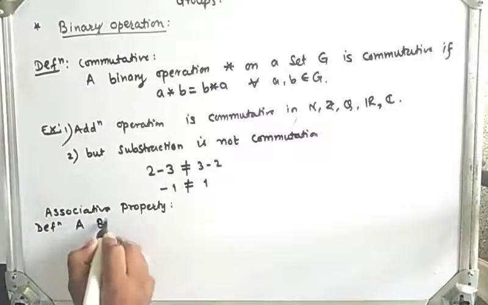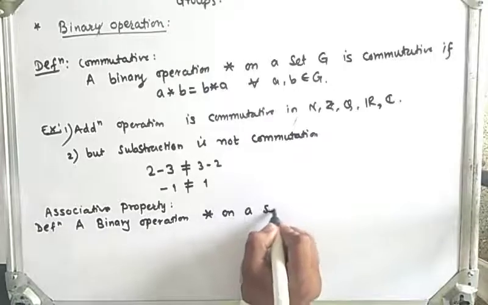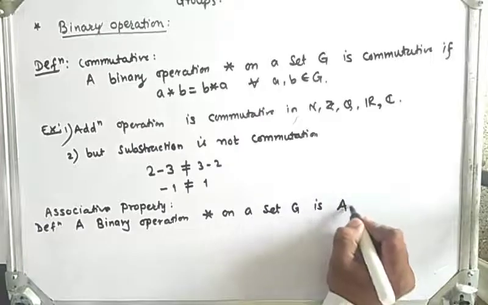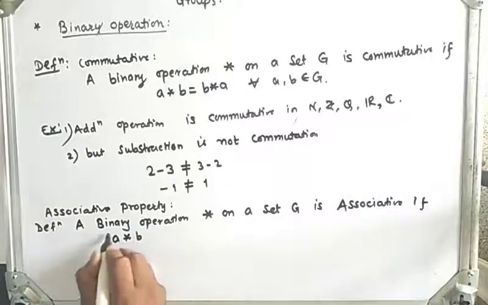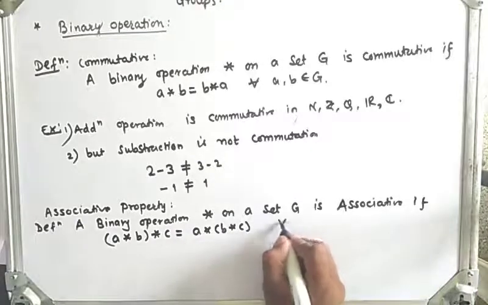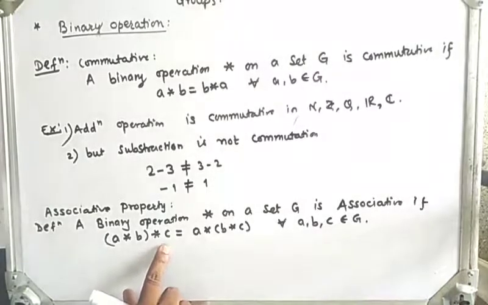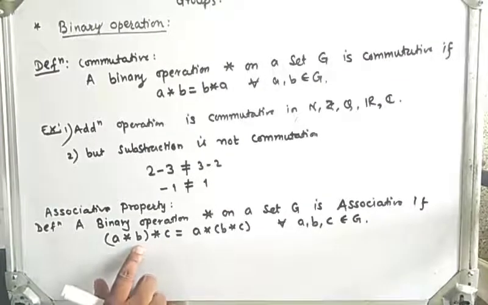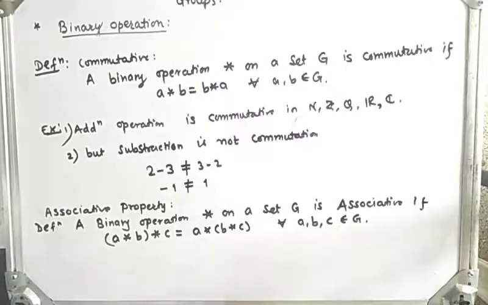A binary operation star on a set G is associative if (A star B) star C is equal to A star (B star C) for all A, B, C belonging to G. Here (A star B) star C indicates that we first combine A and B and then combine this with C, which is the same as A combined with the combination of B and C. If the LHS and RHS are the same, then we say that this is an associative property.